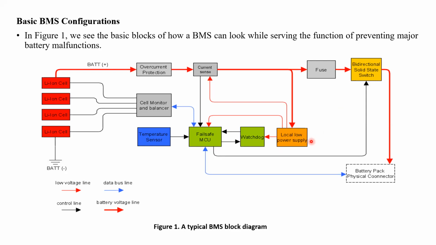By opening and closing the switches, the battery pack is separated. In this way, we can manage the power, voltage and current levels, and temperature levels in the battery. This is called the battery management system.